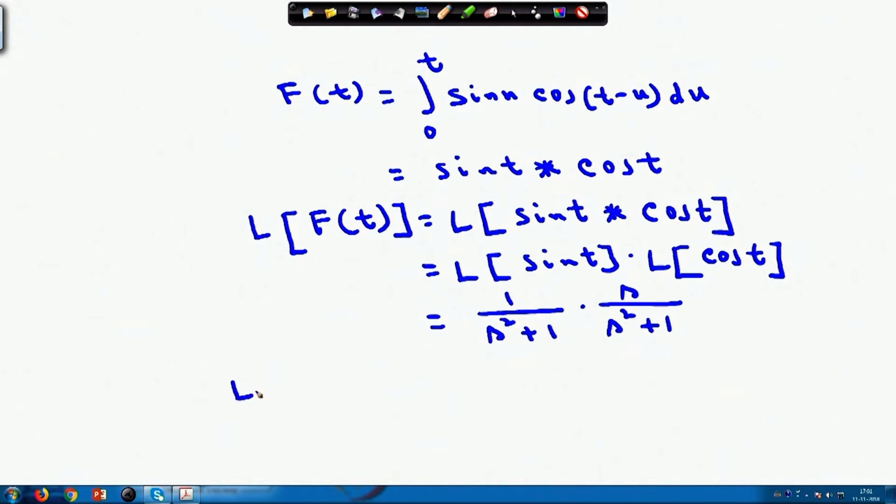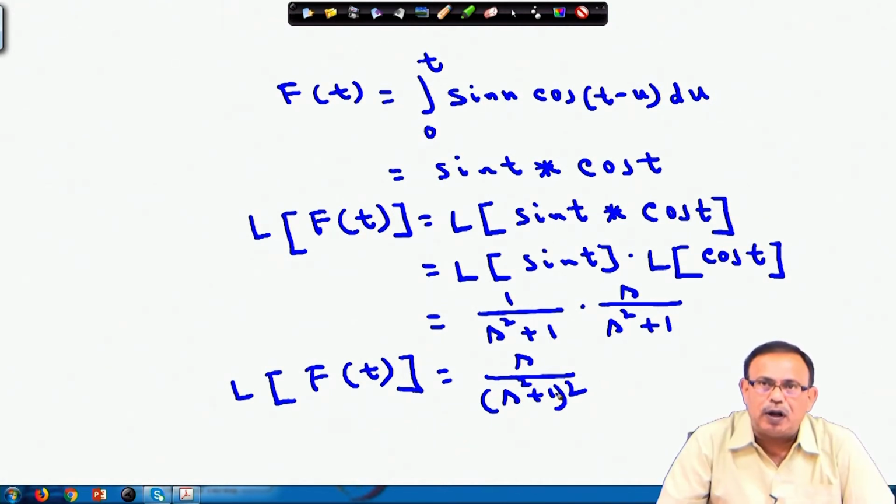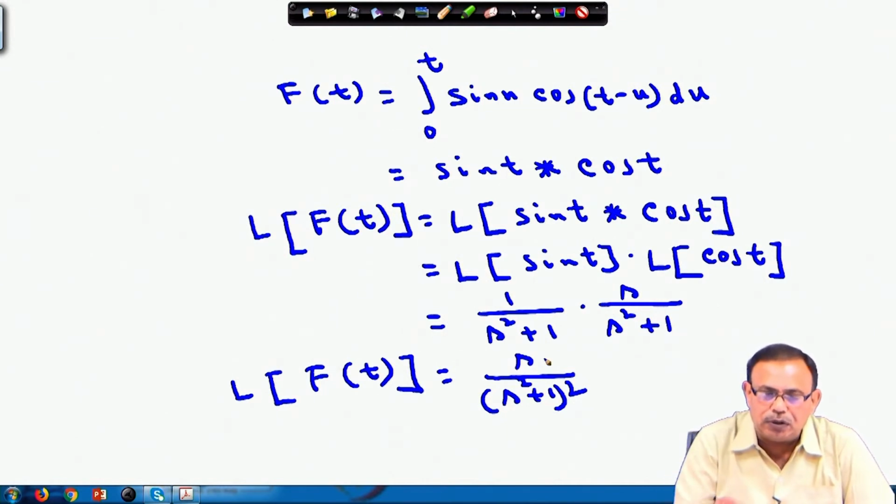So you can write the Laplace transform of f(t) equals s by (s square plus 1) whole square. Once I get the Laplace transform of f(t) as a function of s, I can find the value of f(t) using the inverse Laplace transform, that is, f(t) equals Laplace inverse of s by (s square plus 1) whole square.